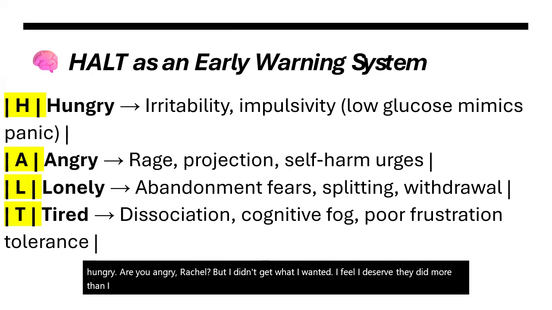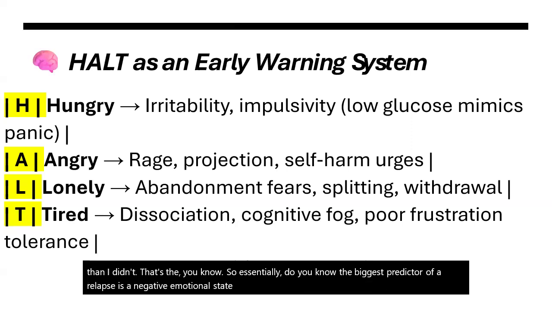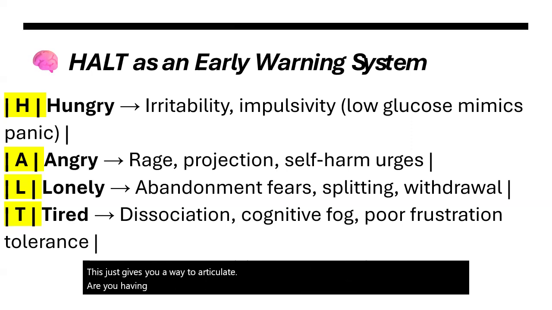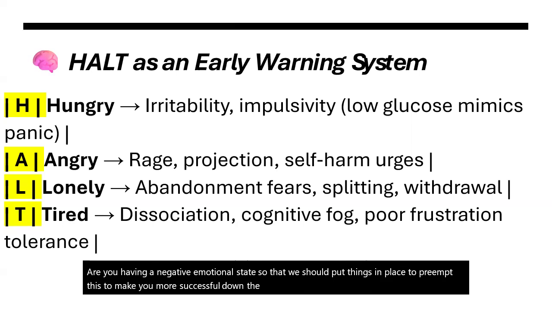Do you know the biggest predictor of a relapse is a negative emotional state? 75% of relapse starts with a negative emotional state. This just gives you a way to articulate, are you having a negative emotional state, so that we should put things in place to preempt this to make you more successful down the road. So what does that mean? You carry a protein bar, a rosary bead, you phone a friend, and remember to take a power nap, right?